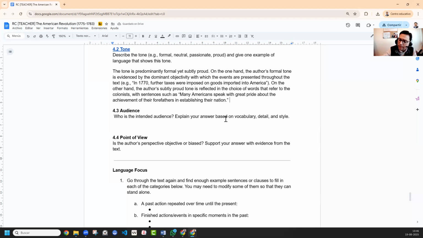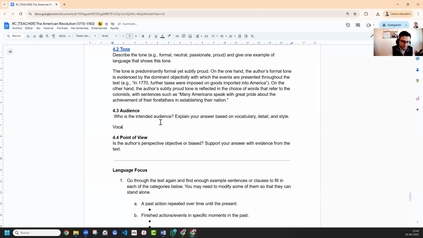Okay, now let's move on to the next question, which is about the audience. So the question is, who is the intended audience? Explain your answer based on vocabulary, detail, and style. Okay, so this is very important. We need to base our answer on vocabulary, detail, and style.